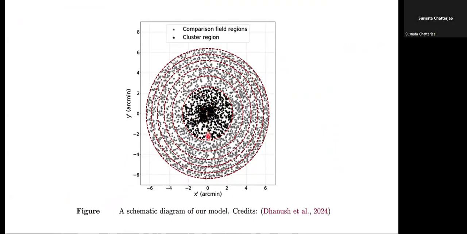Now we choose another radius r1 such that the area of this annular region equals the area of the cluster region. Why? This is because we are assuming here that the surface number density of field stars is more or less constant. So taking equal areas of annulus will give roughly the equal number of field stars to compare with.